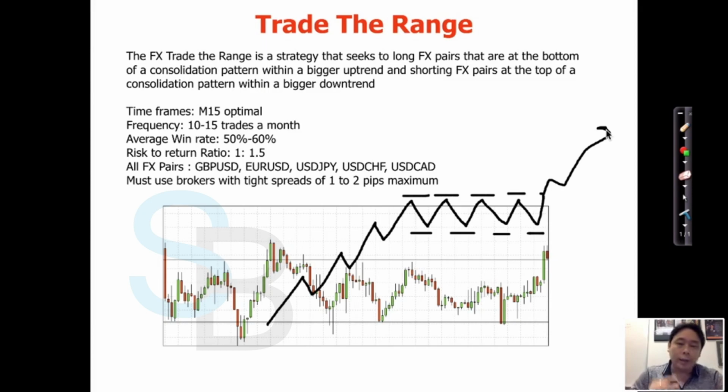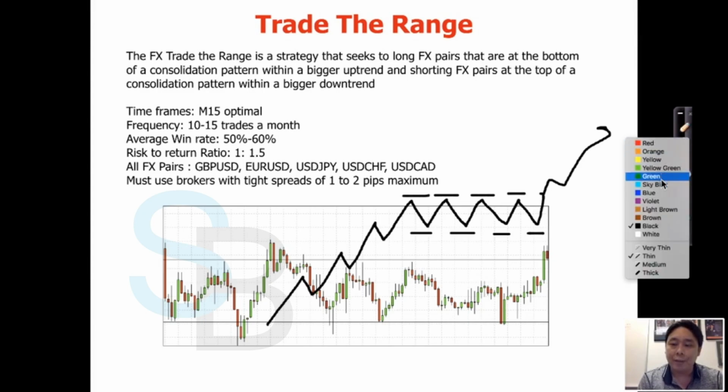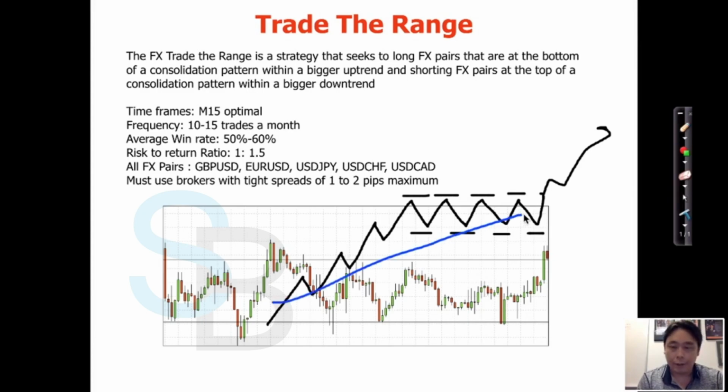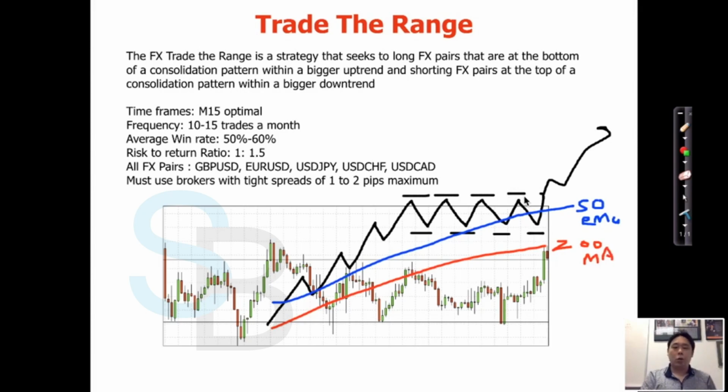And again, we know that this consolidation pattern is within the context of a bigger uptrend also because the 50 exponential moving average, shown by the blue line, is above the 200 simple moving average. So this is what I call a range in the context of a bigger uptrend.